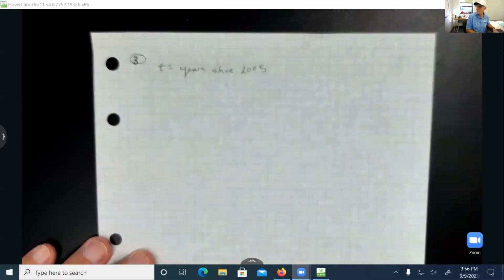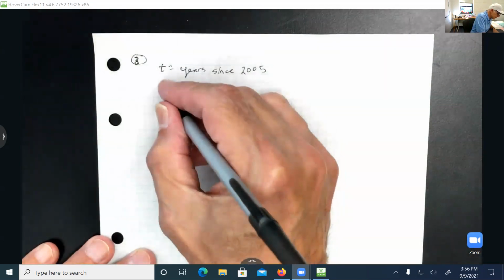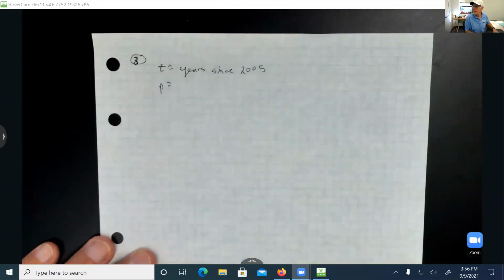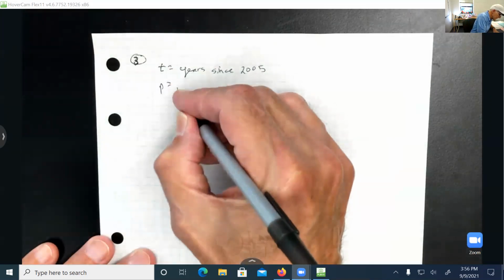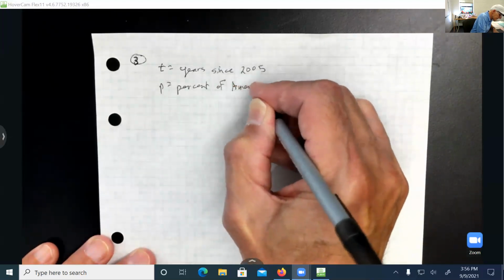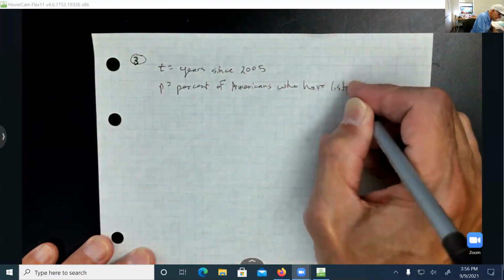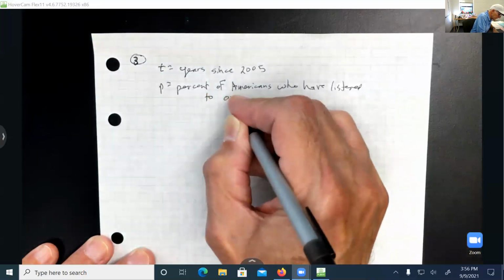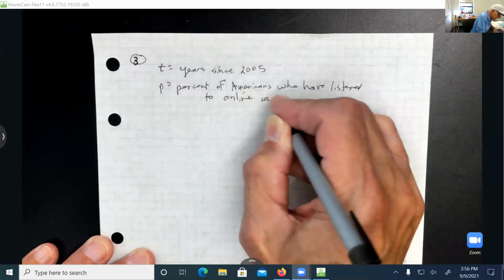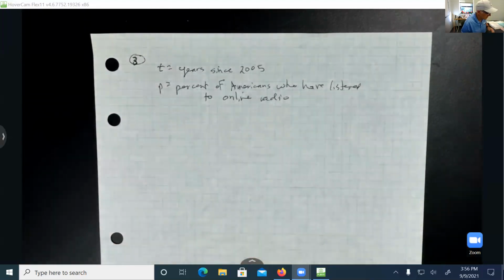And the book is telling us to do it that way. And P is the percent of Americans who have listened to online radio. Well, in the last month, but maybe I'll shorten it that way. You can shorten it a little bit, but don't shorten it too much.